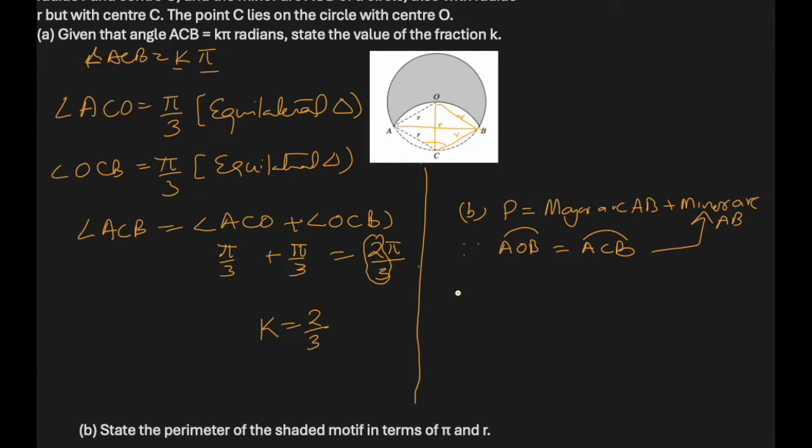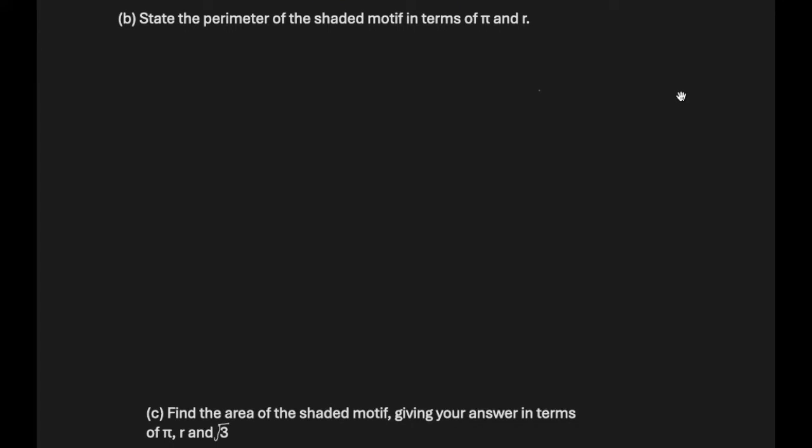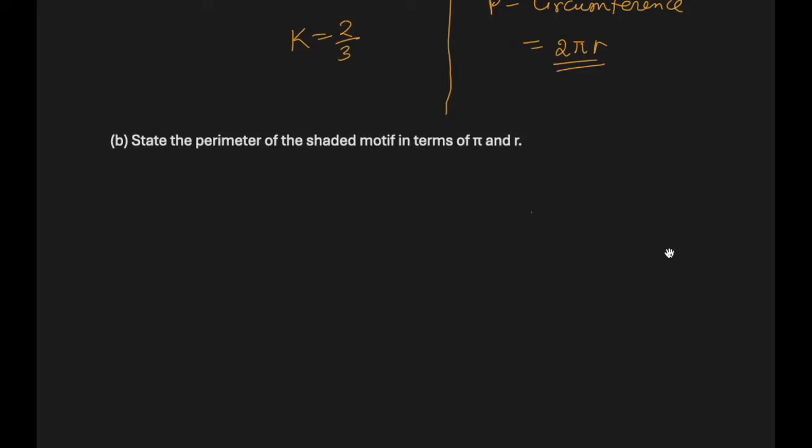So basically the perimeter becomes the circumference, and that's why the answer will be 2 pi R is the perimeter of the shaded part. Find the area of the shaded motif, giving your answer in terms of pi R and square root 3.